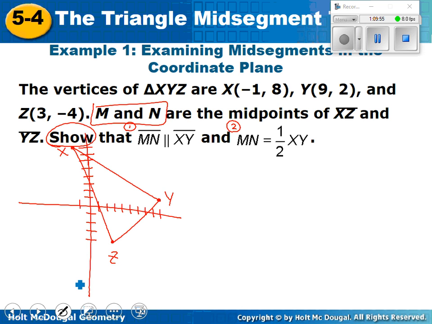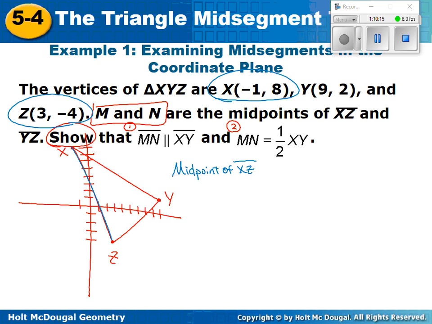So M is the midpoint of XZ. So look at XZ and let's find the midpoint. We're using the coordinates for X and Z, and I'm going to do this pretty quickly. So I'm going to have to find the midpoint of XZ so that I can graph that on my picture.